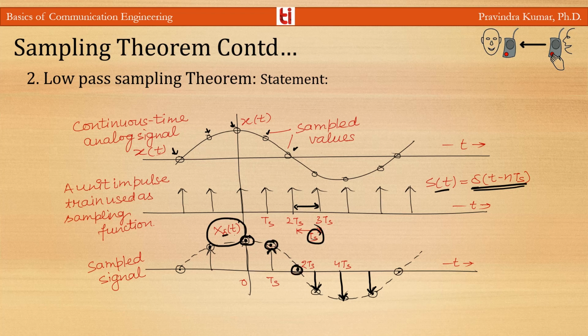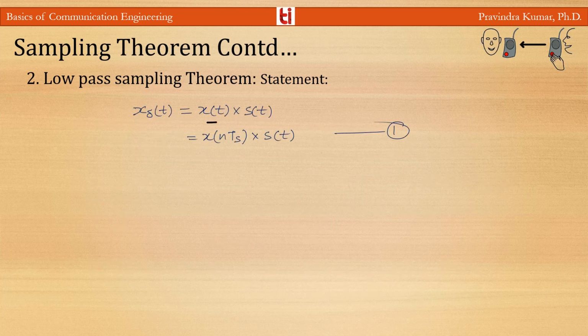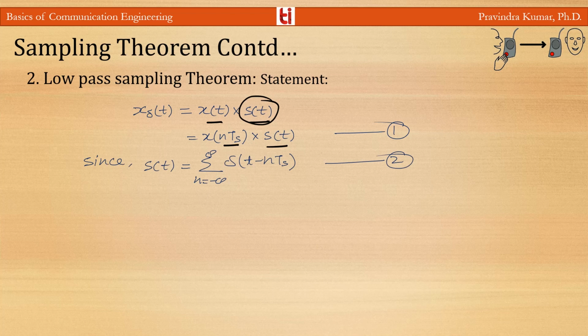These amplitudes are represented in this equation by a circle. And this x delta t can be equal to x(t) into s(t), the train of impulses, or at any instant the amplitude of x(t) can be represented as t equal to nTs into x(t).